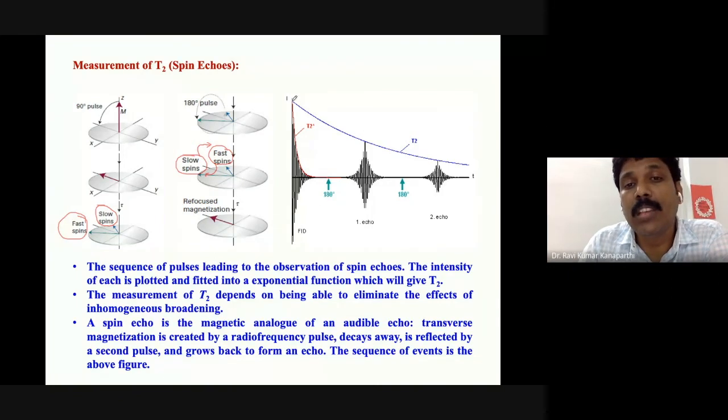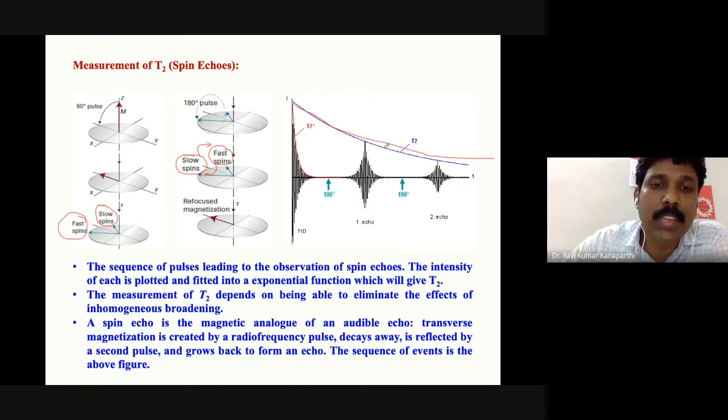And as you can see here, likewise you will see different echo signals in the detector receiving coil, and this is an echo and this is an echo, and likewise you can see different echoes. And the intensity of these echoes also fades out with time, with the delay. I told you that we are applying all these pulses with a delay.